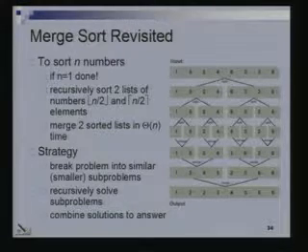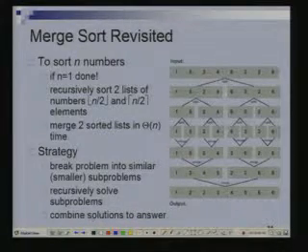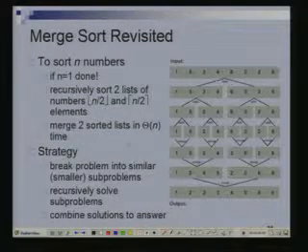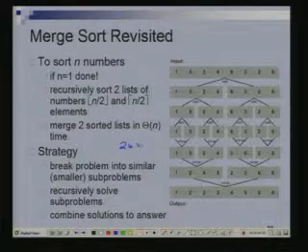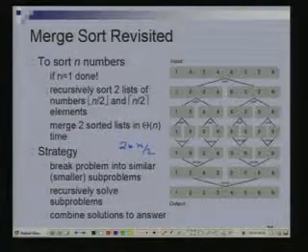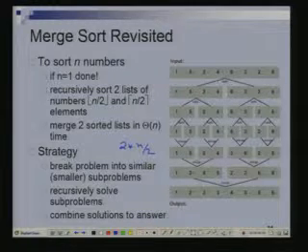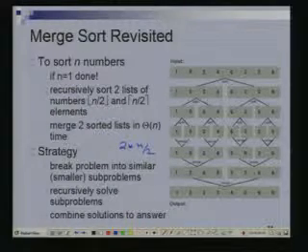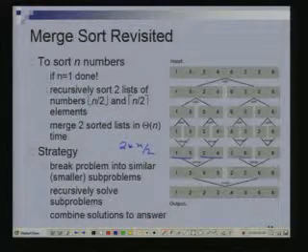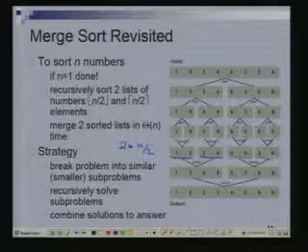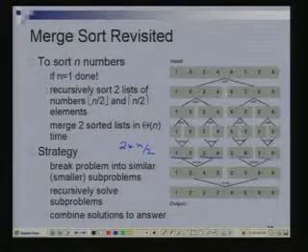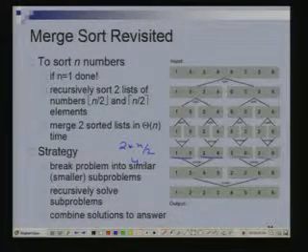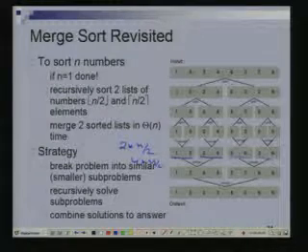We are going to see another way of doing this argument in a short while, but you should understand what is happening. Each of these merges is taking 2 units, and there are n by 2 such merges, and after that we get sequences of length 2. Now, we are merging these. So, each of these merges is now going to take 4 units of time, and there would be n by 4 such merges.